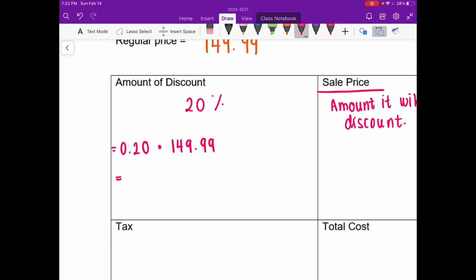So the amount of the discount, 0.2 times 149.99, is going to be $29.9998. So we're just going to say it's going to be $30. Just round this up. So it'll be $30. That means, therefore, we are taking $30 off the original price.